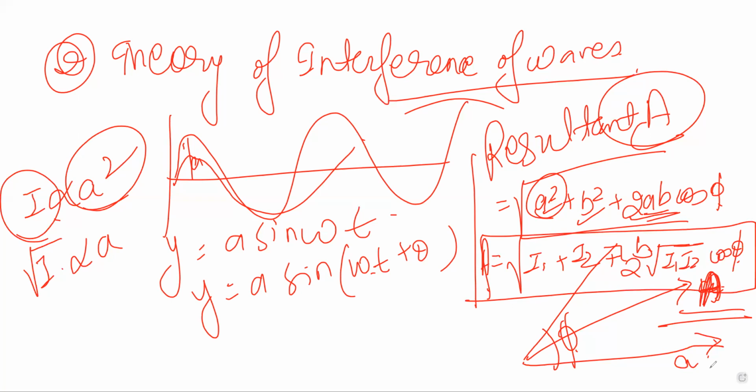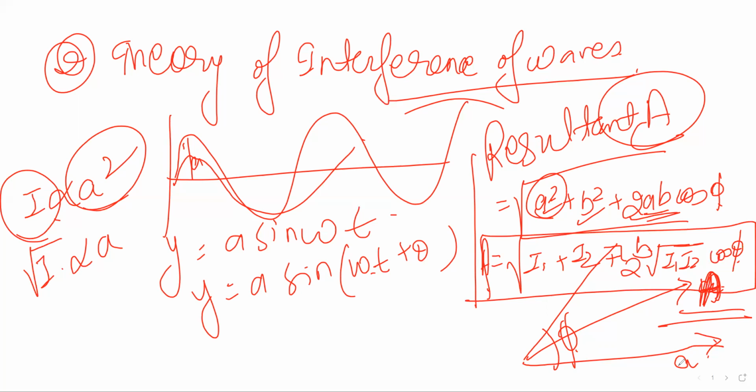So for the constructive interference, the cos phi value will be what?